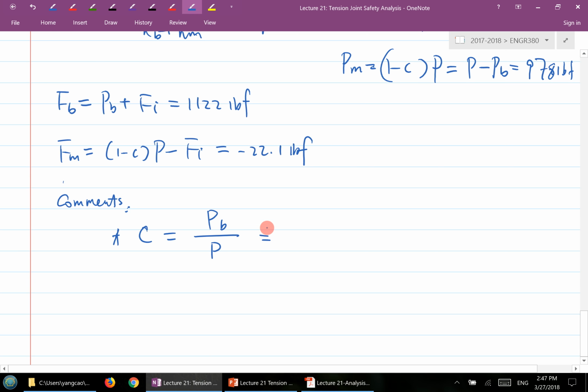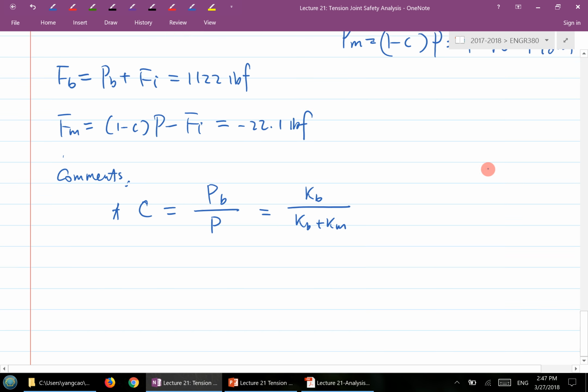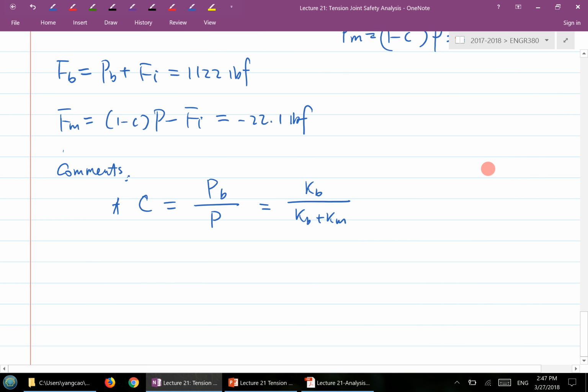As I said, you can rewrite this in terms of the stiffness, so Kb over Kb plus Km. Now, if you remember from the previous lecture, I can rewrite it again as 1 over 1 plus Km over Kb.